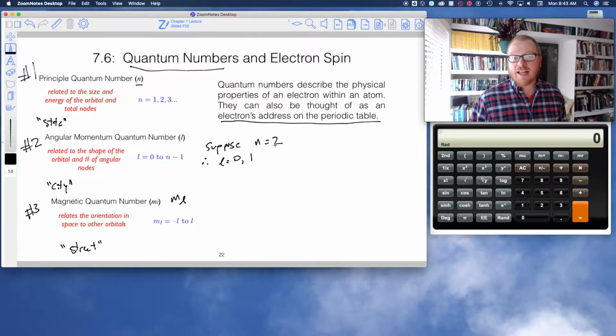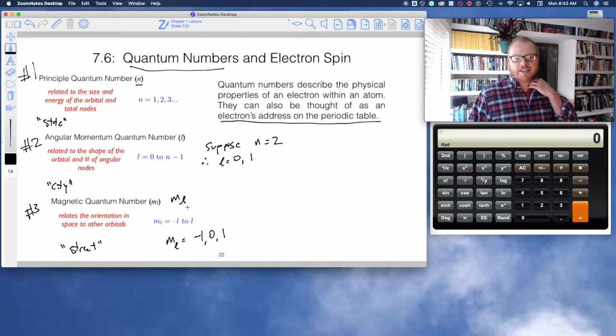Again, if we still had n equal to 2, we could have L equal to 0 or 1, and then correspondingly, my ML could be negative 1, 0, or 1. So that includes that 0 right there, okay?